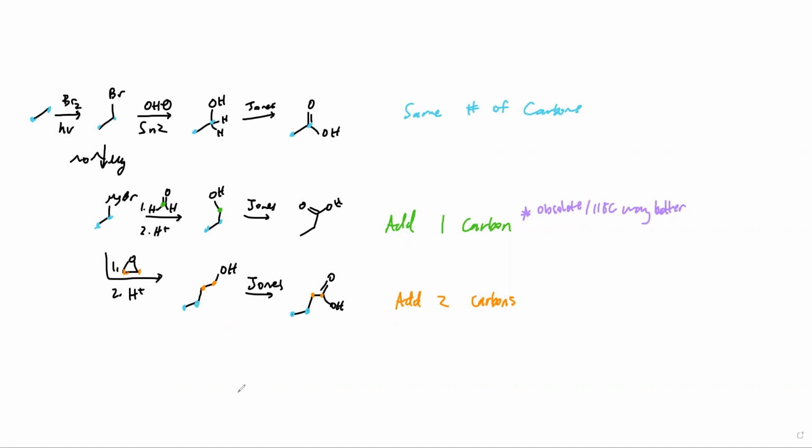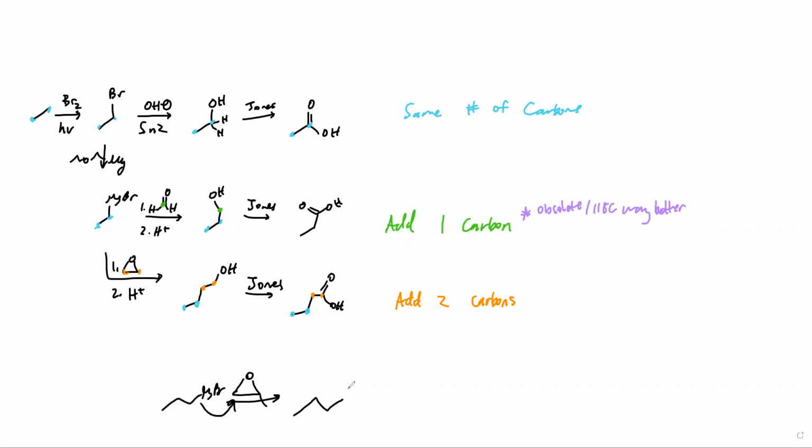Now, I mentioned that this has to be unsubstituted, and the reason is because if we did this synthesis here, where one side is substituted, let's use that same Grignard, what we're going to get is not what we want, because the Grignard always attacks the less substituted side.